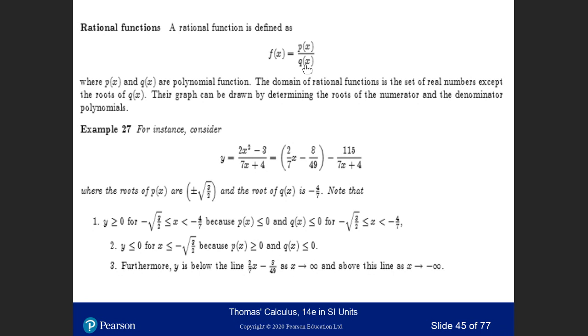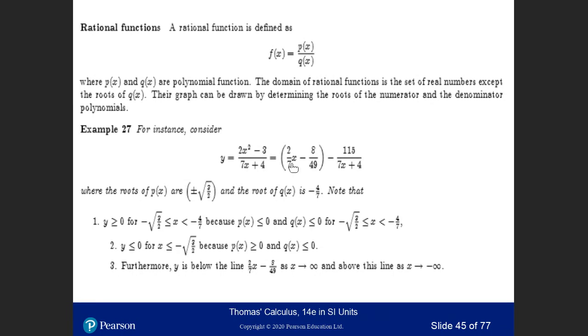Let's look at an example. We will look later on such examples more, but just for the start, y is equal to 2x squared minus 3 divided by 7x plus 4. Actually, when you do a polynomial division, you have a second degree polynomial in the numerator and a first degree polynomial in the denominator.